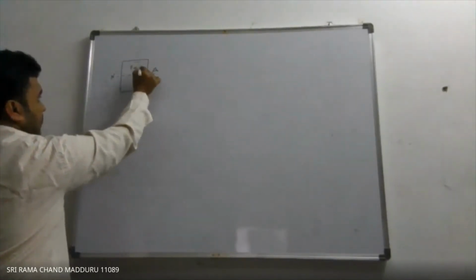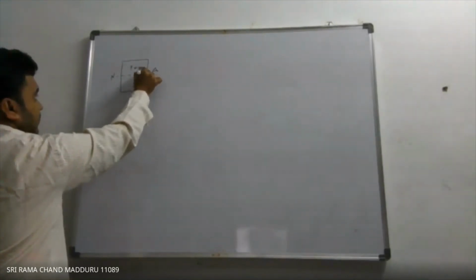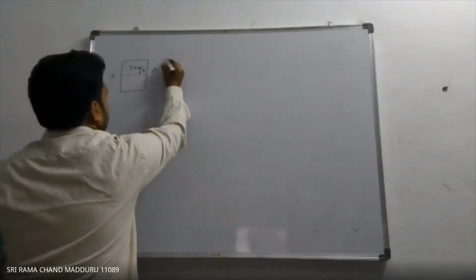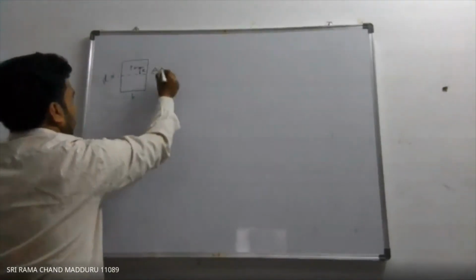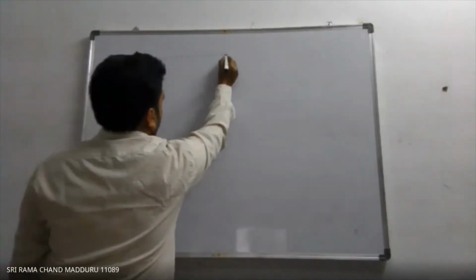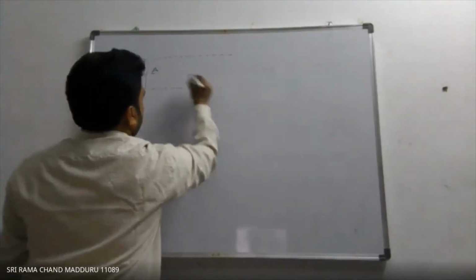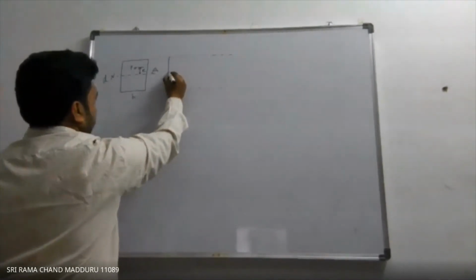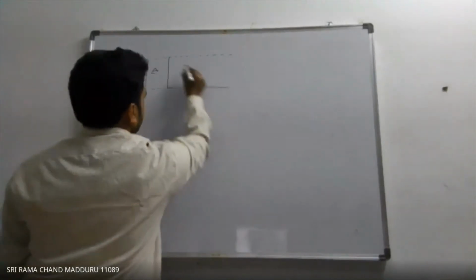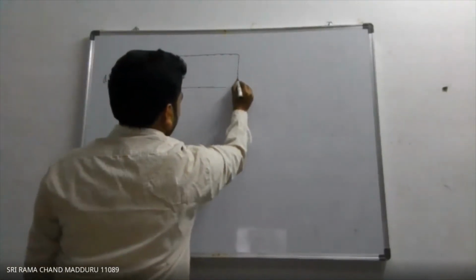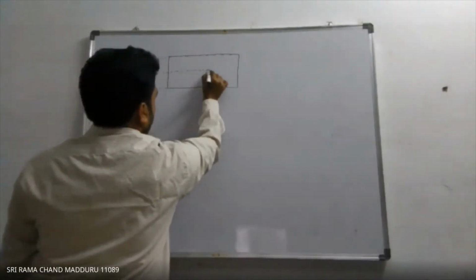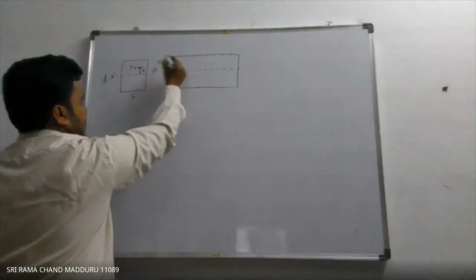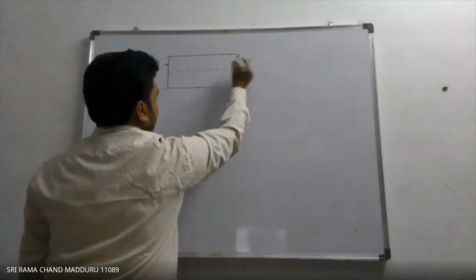Now we are doing pre-stressing above the neutral axis with an eccentricity E. Now in this case, B and D are the dimensions of the beam, and L is the span. So now we are doing the pre-stressing above the neutral axis at an eccentricity of E.